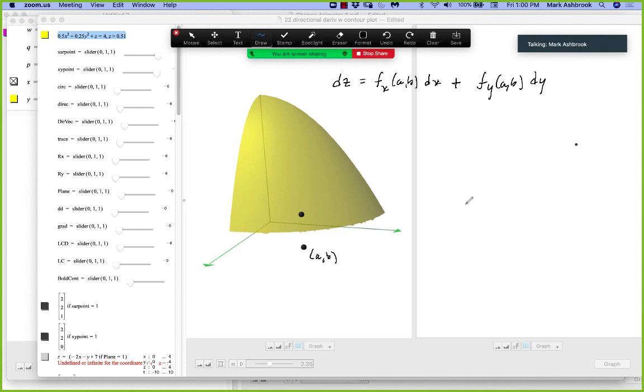Okay, and so looking at the change in x from the point (a, b), the change in x would be x minus a, x being any point close to a, and y being any point close to b.